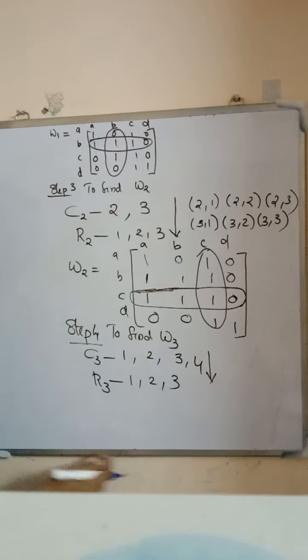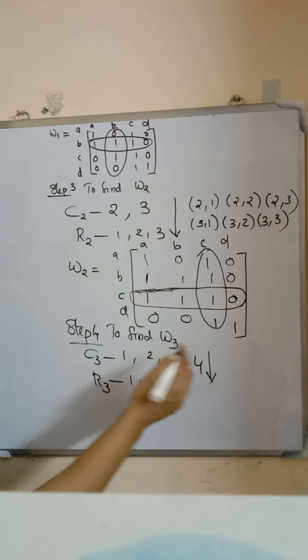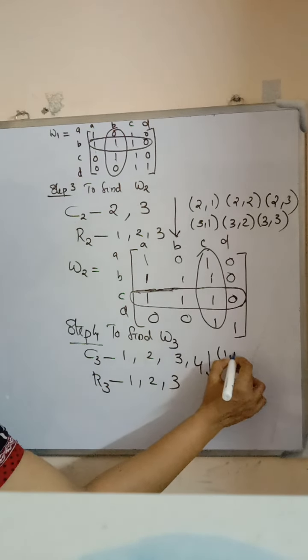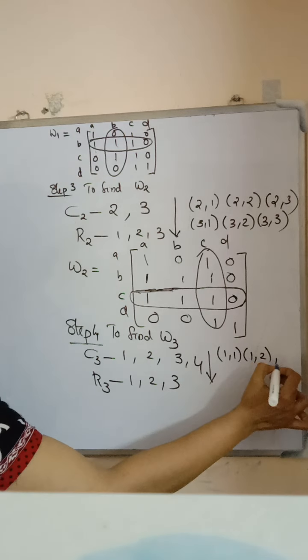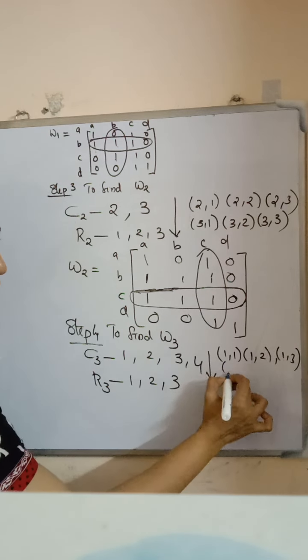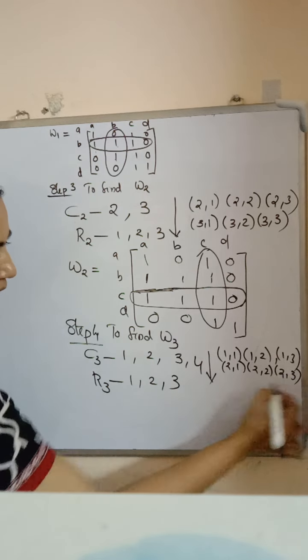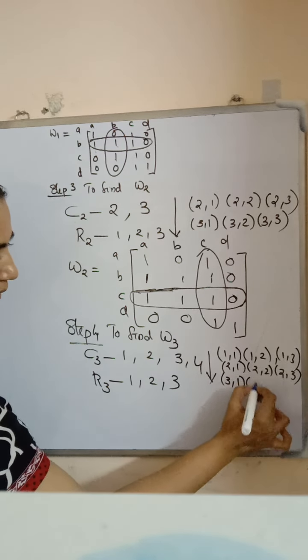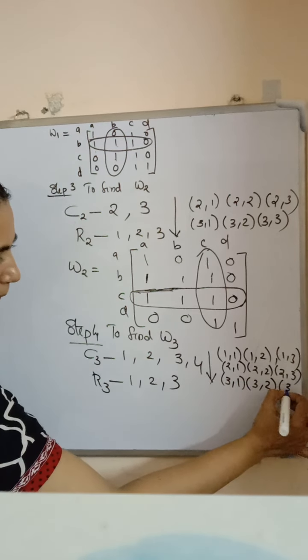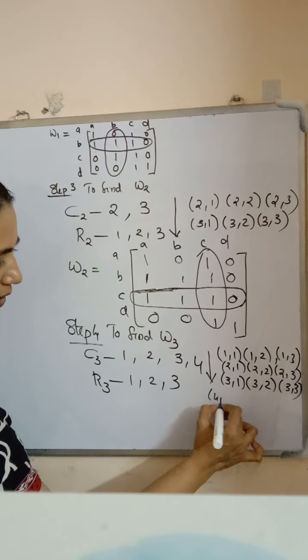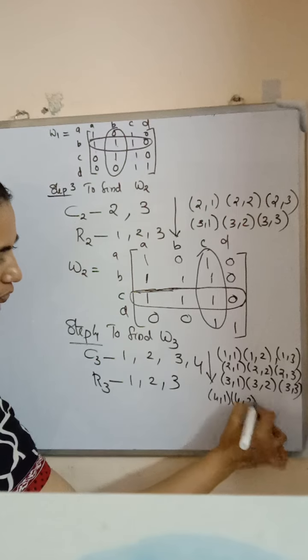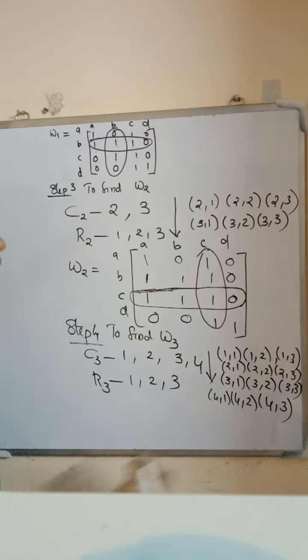So the new positions of 1 are 1,1, 1,2, 1,3, 2,1, 2,2, 2,3, 3,1, 3,2, 3,3, 4,1, 4,2, 4,3.